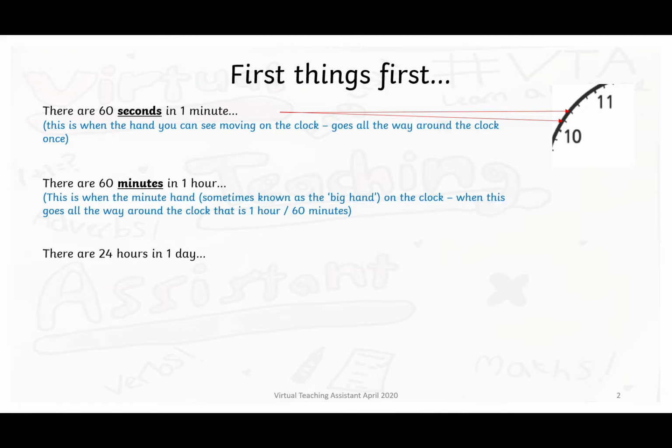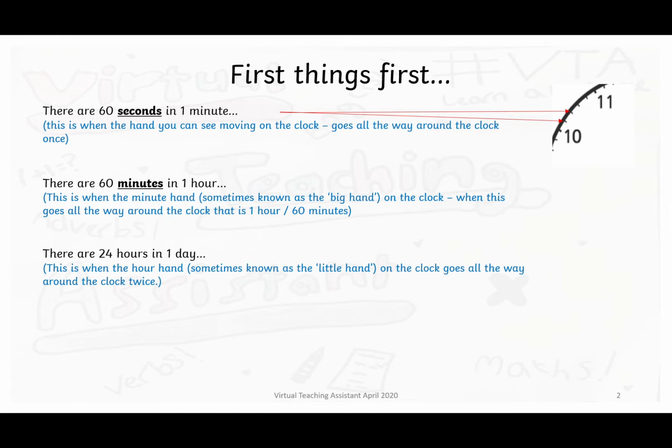Okay, there are 24 hours in 1 day. So this means that the hour hand, which is sometimes known as the little hand on the clock, goes all the way around the clock twice. But why twice, do you think? Well, if you look at a picture of a clock, you know all the numbers on there. It only goes up to 12.